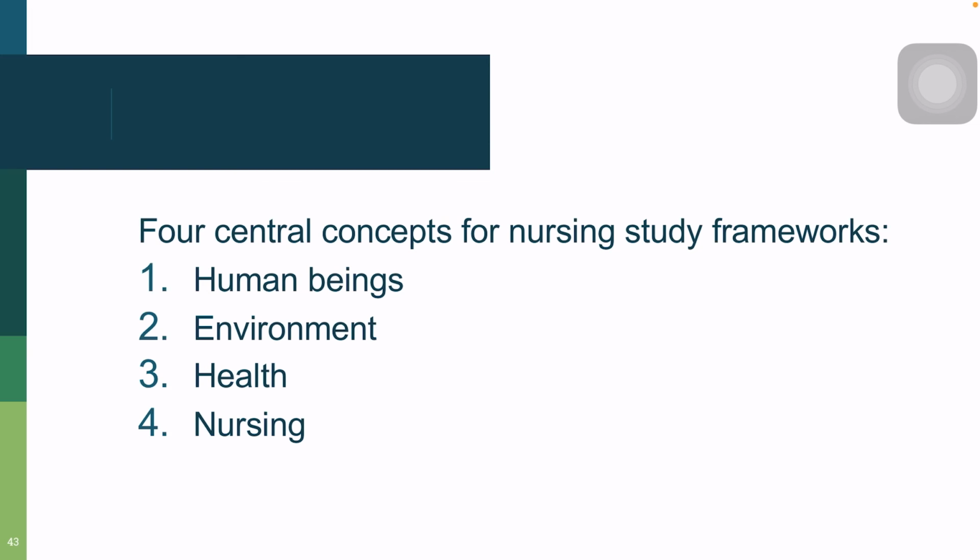Another example would be Martha Rogers, who, by contrast, emphasizes the centrality of the individual as a unified whole, and her model views nursing as a process in which clients are aided in achieving maximum well-being within their potential. So nurse researchers have been inspired by these conceptual frameworks in formulating research questions and hypotheses.